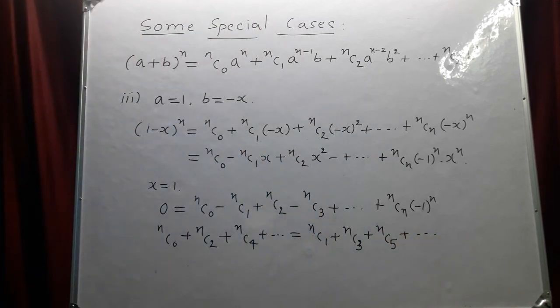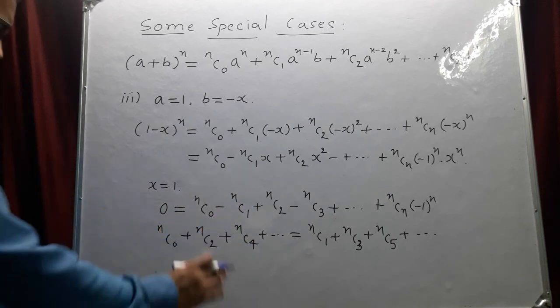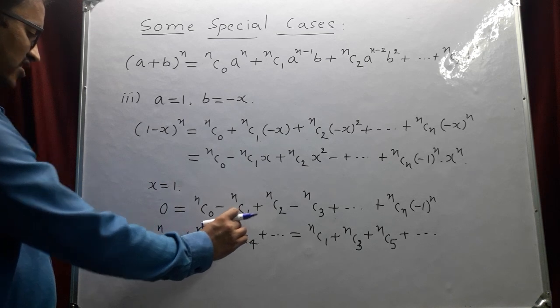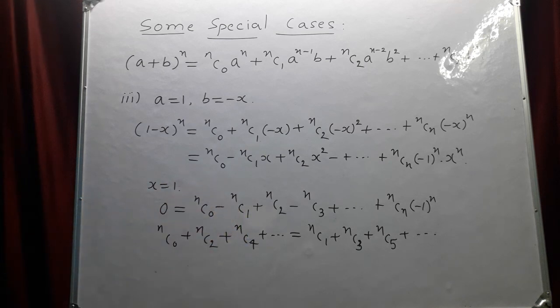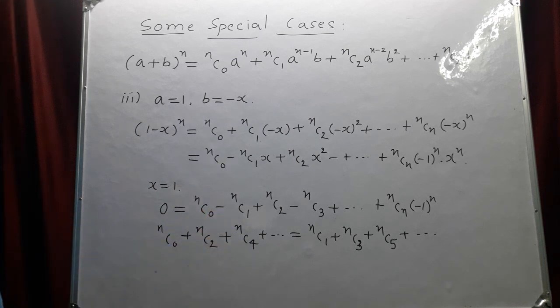So we can conclude that for any index n, the sum of the coefficients of odd terms is equal to the sum of the coefficients of even terms.